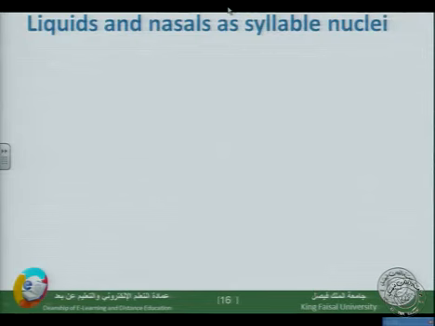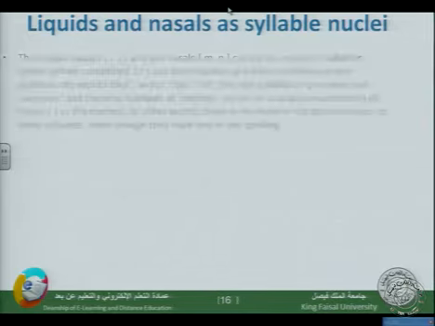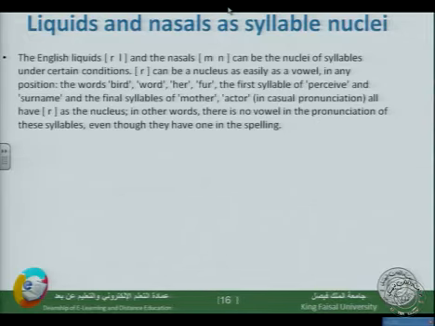We have also another point right here about liquids and nasals as syllable nuclei. We have talked about this. We said that the English liquids R, L, and nasals M, N can be nuclei of syllables under certain conditions. It's just a reminder for you.